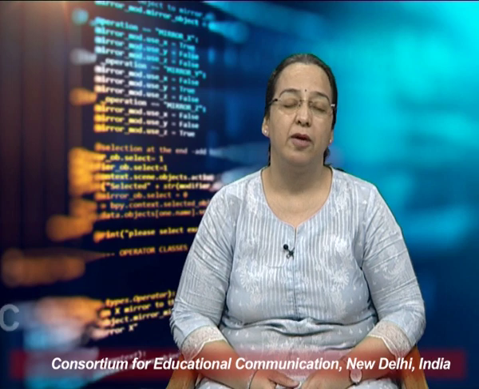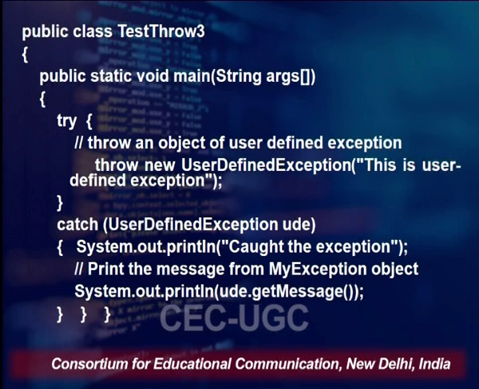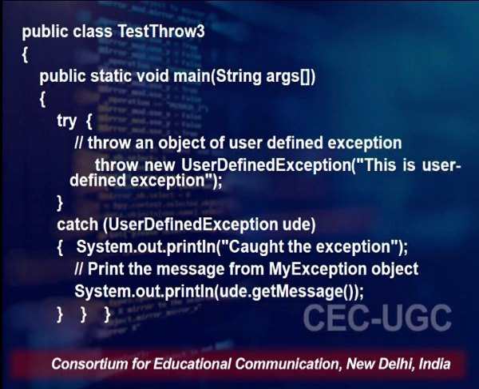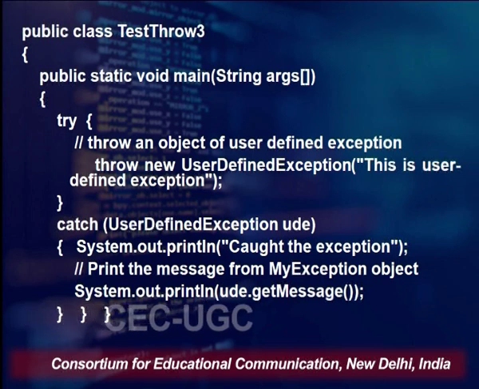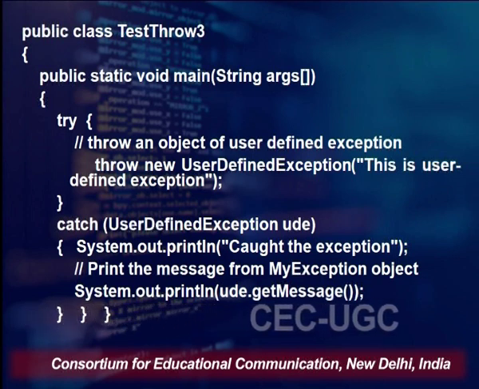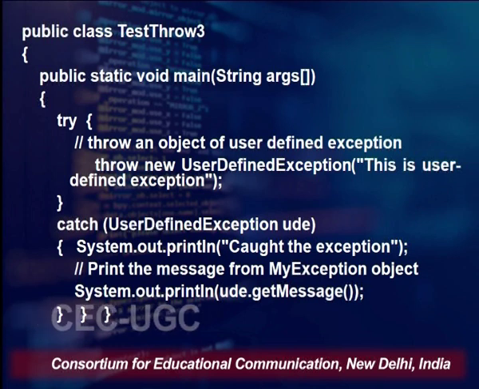And then after the try, we have written the proper messages within the catch. So catch is the code which is catching, or handling, this exception, which is the user defined exception UDE. Within that we have printed two messages. One is "caught the exception", and another one is something which is from the object.